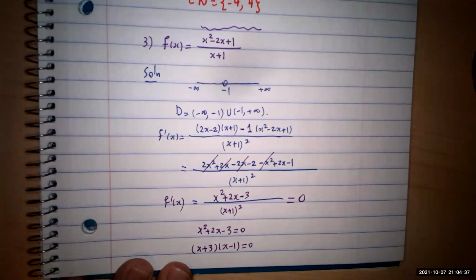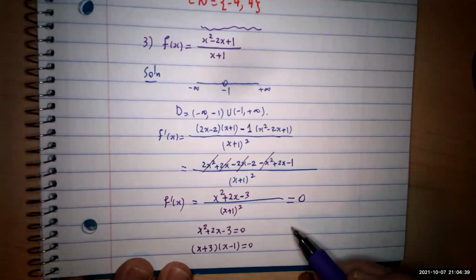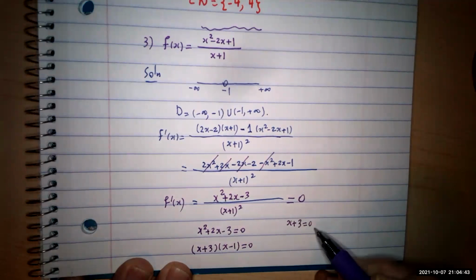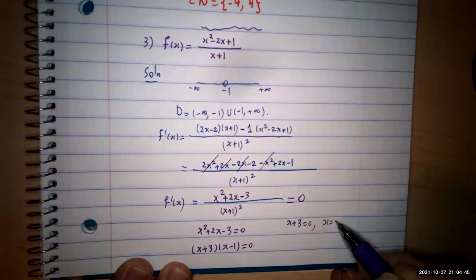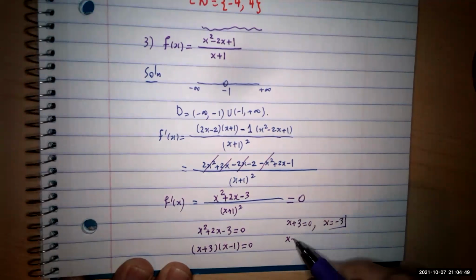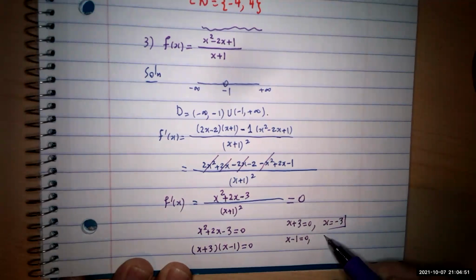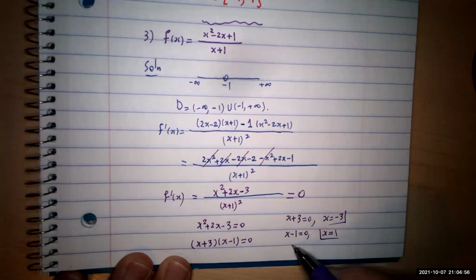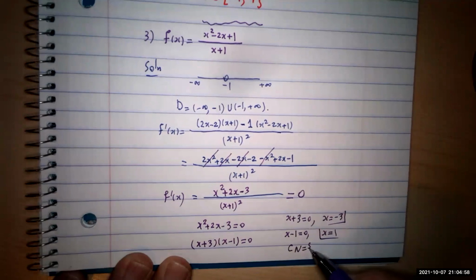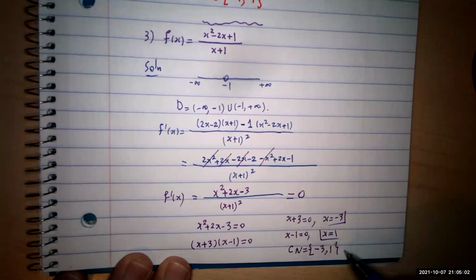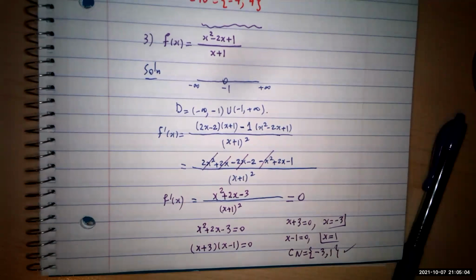Two factors equal to 0: x plus 3 equal to 0 gives x equal to negative 3, and x minus 1 equal to 0 gives x equal to 1. There you are. We have two critical numbers: negative 3 and 1. And then we're done.